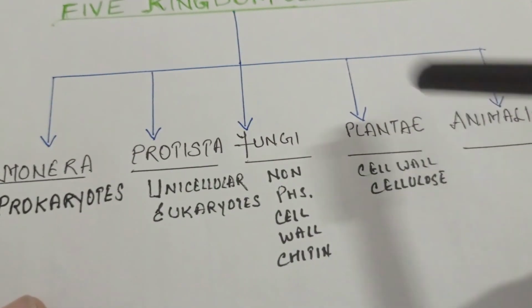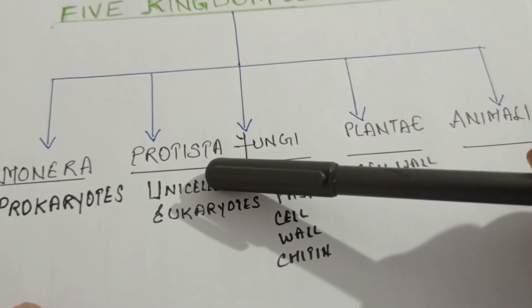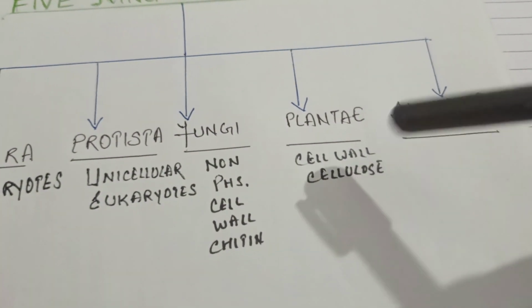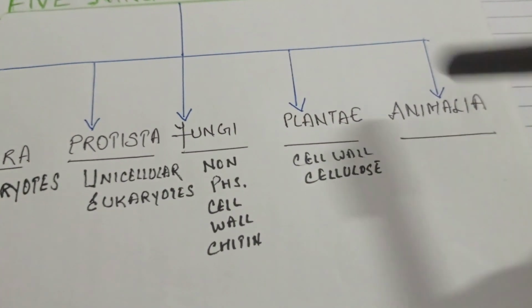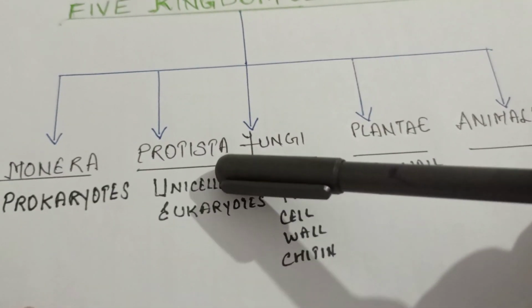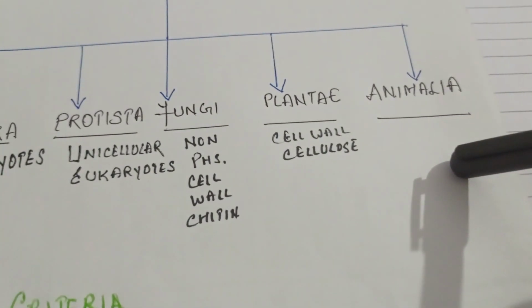And what were these kingdoms? Kingdom Monera, Kingdom Protista, Kingdom Fungi, Kingdom Plantae, and Kingdom Animalia. These were the five kingdoms: Monera, Protista, Fungi, Plantae, and Animalia.